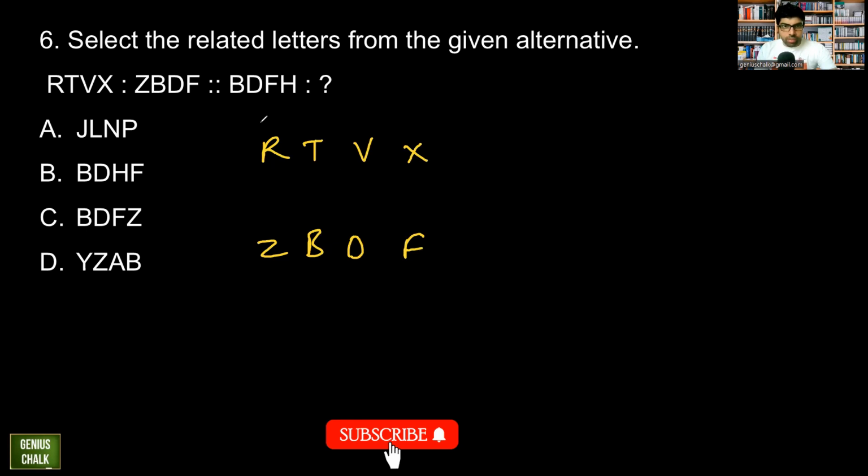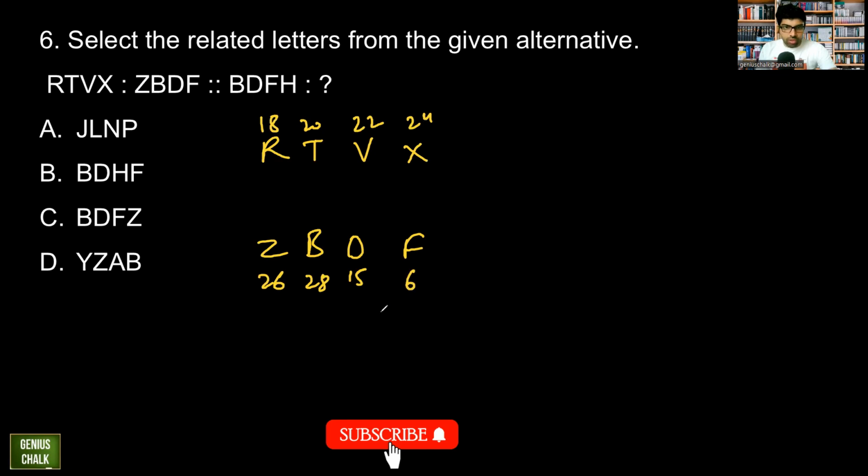Now you see R is 18, Z is 26, T is 20, B is actually 28, we can say, because T is 20, Z is 26, then two more. V is 22, P is 16, X is 24, and F is 6.